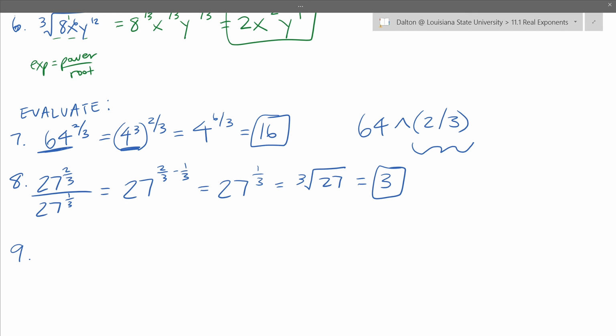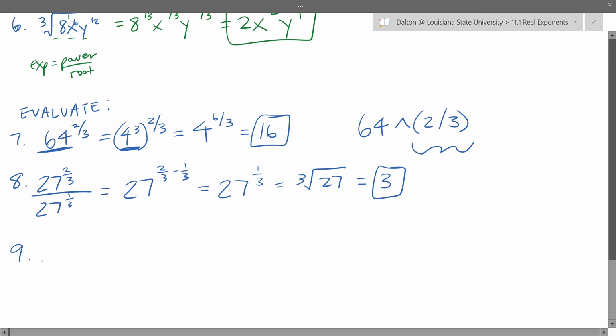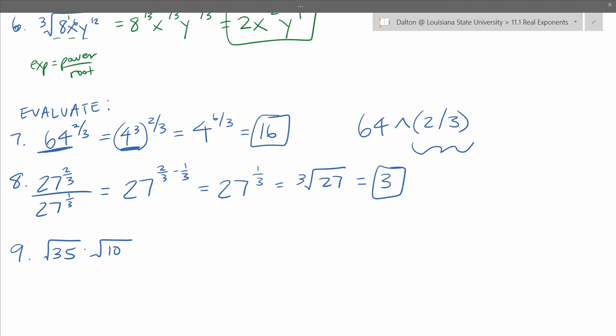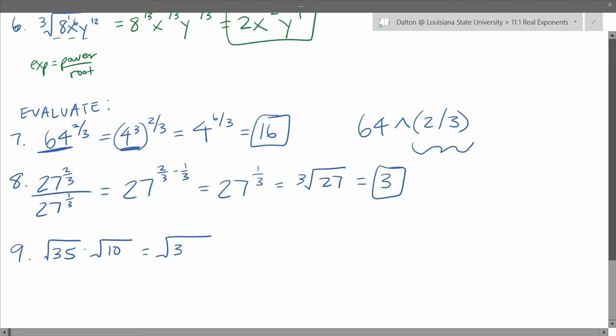Okay, last example, number 9. And this is one that we've even done in my class before to an extent already. If I give you something like the square root of 35 times the square root of 10, using our radical rules and our exponent rules, we are allowed to multiply these two terms together. So this is the same thing as the square root of 350.